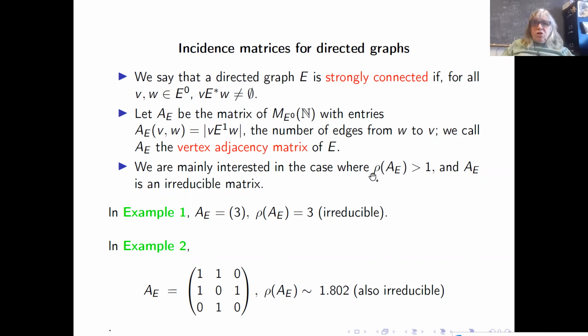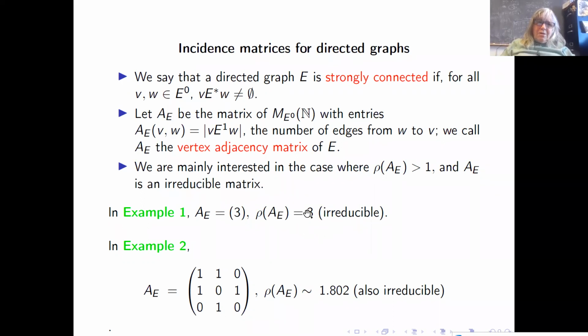I'm mainly interested in the case where this particular vertex adjacency matrix has spectral radius greater than 1. And then we want A_E to be an irreducible matrix.